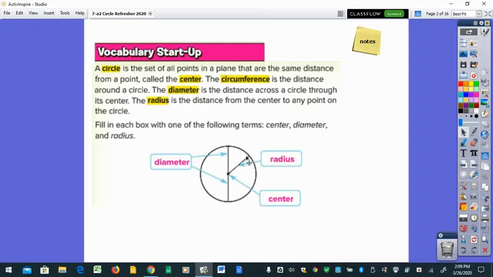It only goes from a point on the circle to the center and stops. In this diagram, you can see where the center is, where the radius is, and where a diameter is. And I shouldn't say the radius, because there are actually an infinite number of radii, which is the plural of radius, in here.